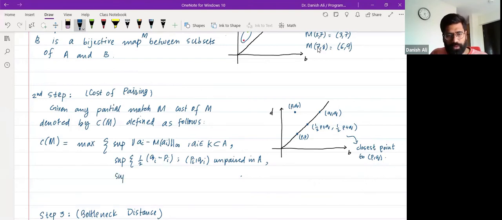And the sup of half of q_i prime minus p_i prime, where (p_i prime, q_i prime) are the unpaired points in B.